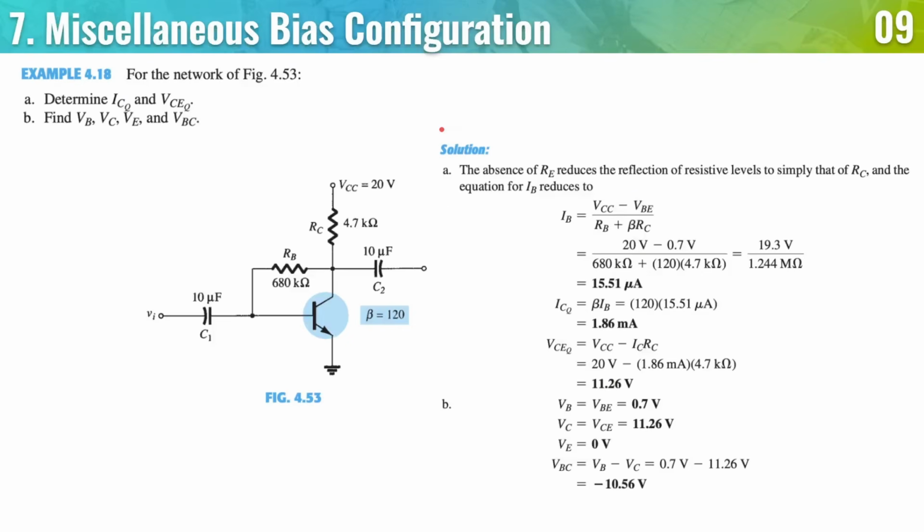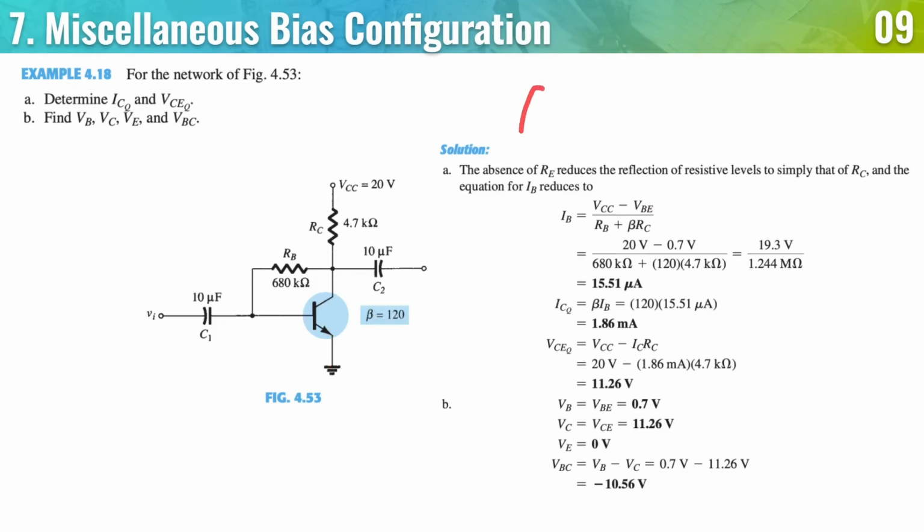Now, the reason I kept on emphasizing how to get the formulas rather than the numbers that are on the screen is because the miscellaneous bias configuration needs a combination of all of those ideas at once. So here, for the network of 4.53, this one looks like a collector feedback configuration, except there is no resistance here.